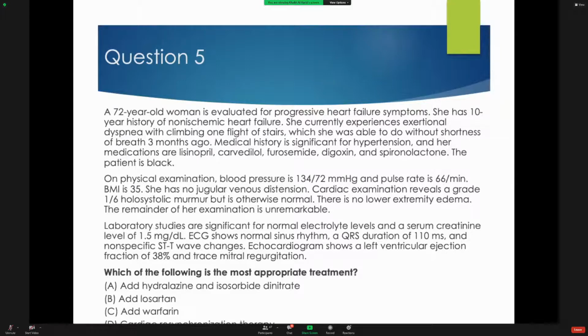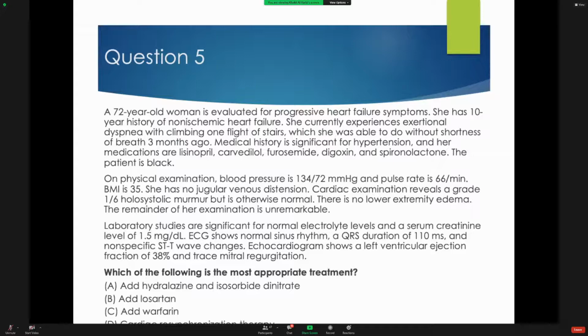A 72-year-old woman is evaluated for progressive heart failure symptoms. She has a 10-year history of non-ischemic heart failure. She currently experiences exertional dyspnea climbing one flight of stairs, which she was able to do without shortness of breath 3 months ago.